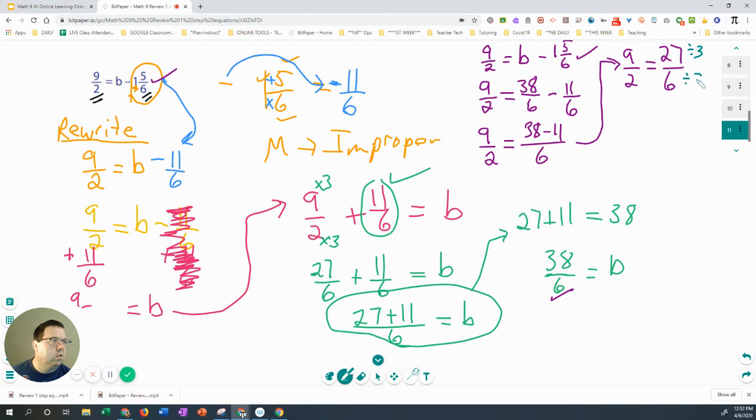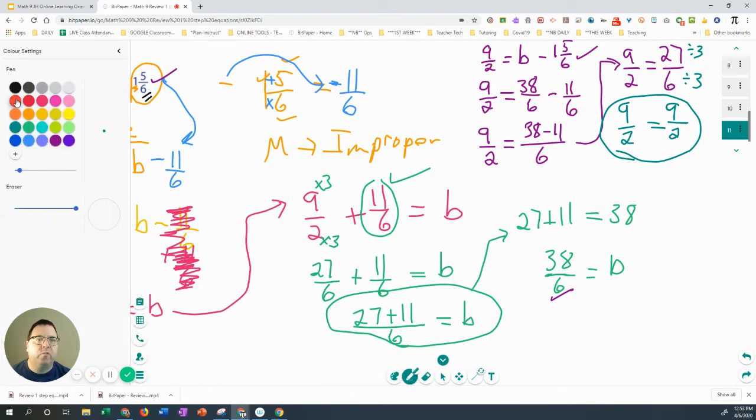A 3. Now look what happens. 9 over 2. What's 27 divided by 3? It's 9. And what's 6 divided by 3? It's a 2. So 9/2 equals 9/2. So now I can go back here. I'm so sure that my answer is correct.